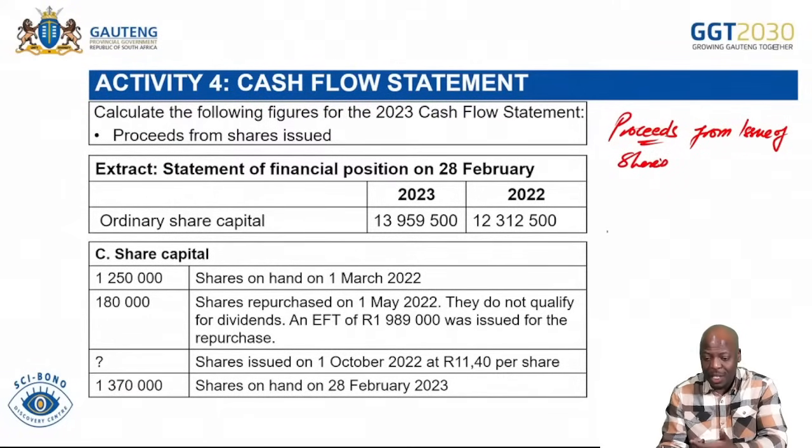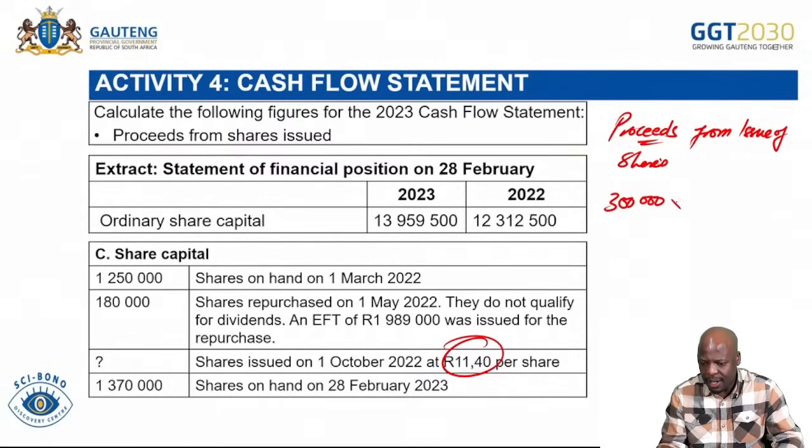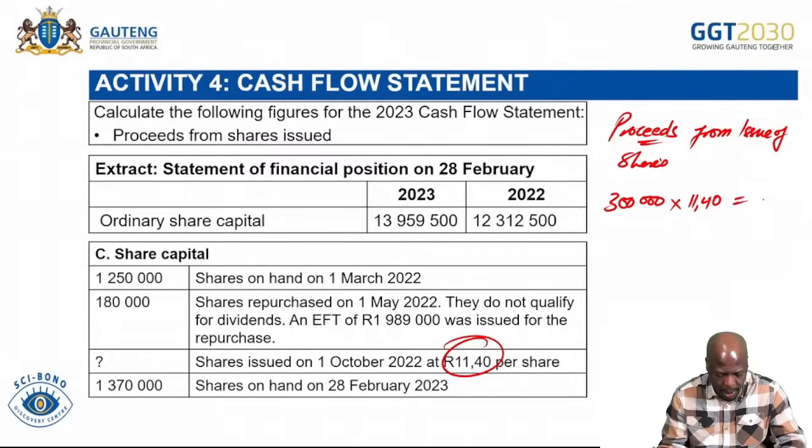So you would still come back again and say how many shares were issued. Remember, there were 300,000, and the amount was 11 rand 40. So multiply by 11 rand 40. These are the shares issued, and it will give you 3,420,000.